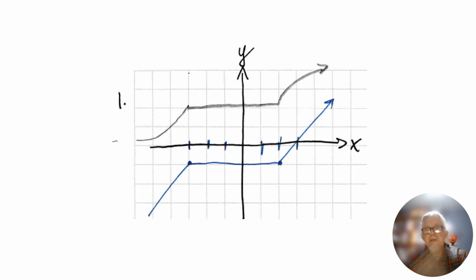So x and y axis, I've made a blue and a pencil graphite gray. So it's increasing. So here's x equals -3. It's increasing, meaning that the graph is rising, going up from left to right on the interval -∞ to -3. It is constant.